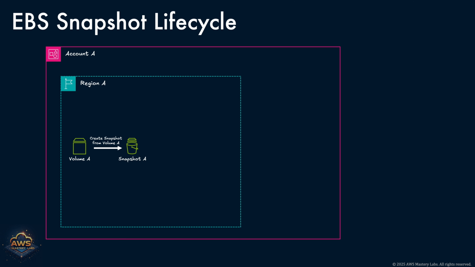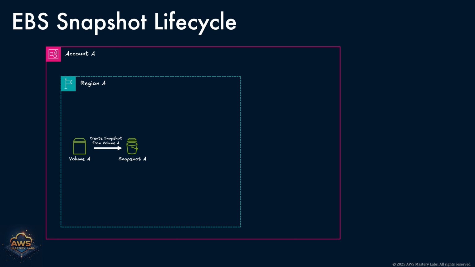The snapshot lifecycle begins when you initiate the creation of an Amazon EBS snapshot for an existing volume. This action captures a point-in-time backup of the data currently on that volume. The process is particularly useful for backing up critical data, protecting against accidental deletion or failure, and enabling replication across environments.